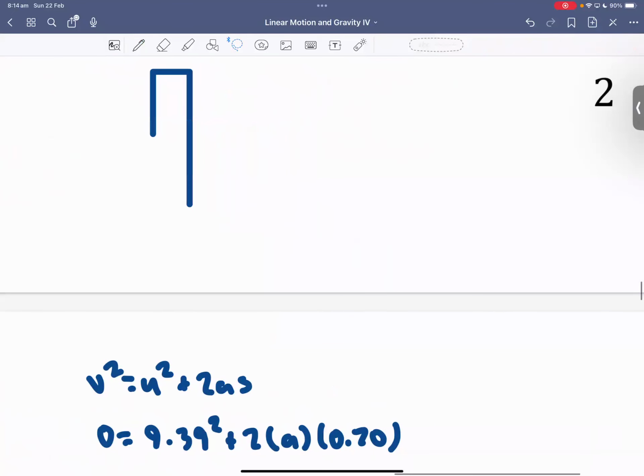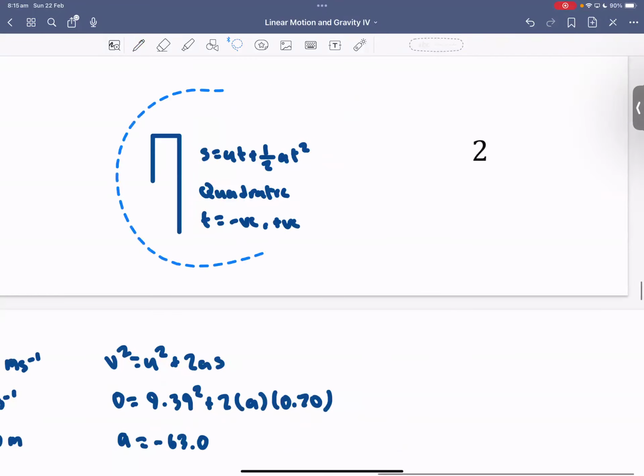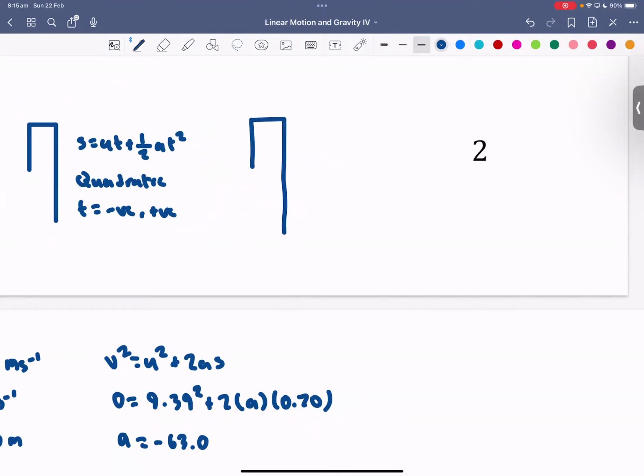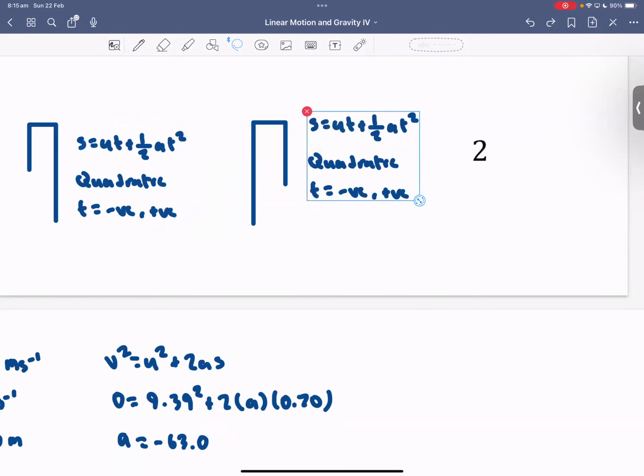If you have something that looks like this, and you're going to do S equals UT plus half AT squared, and you're going to use the quadratic formula, the times you're going to get are 1 positive number and 1 negative number. However, if your question looks like this and you end up slightly higher, and you use S equals UT plus half AT squared, and you again use the quadratic formula, what will you actually get? You will actually get 2 positive times.